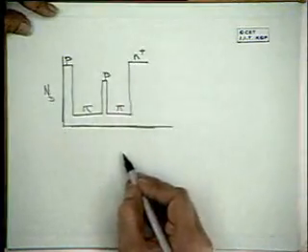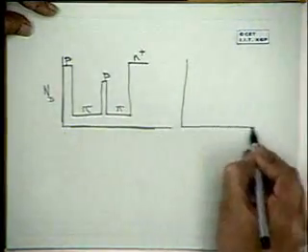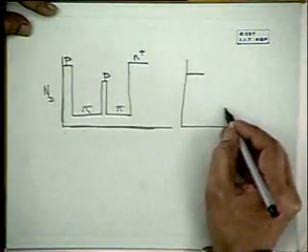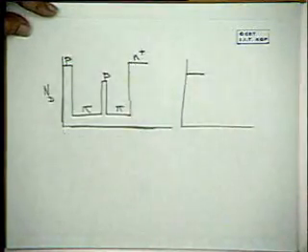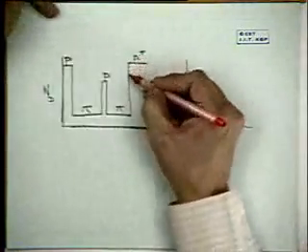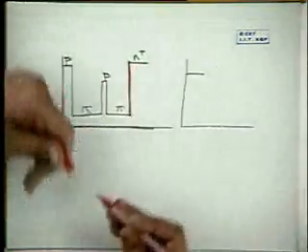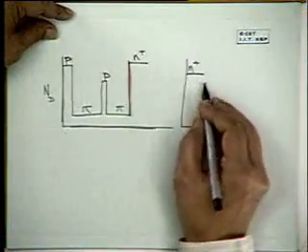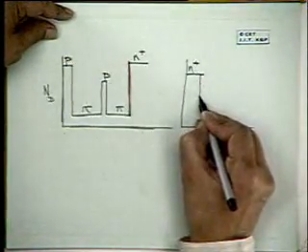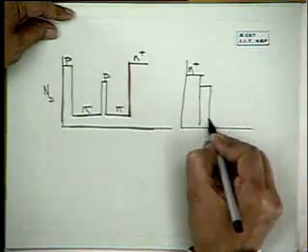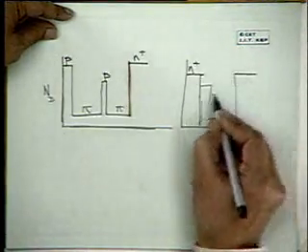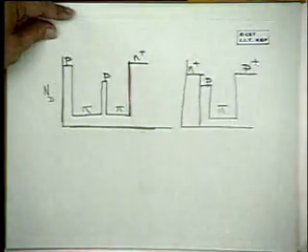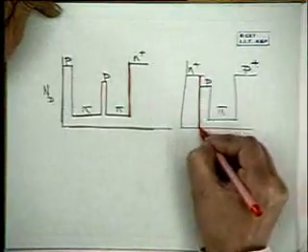Then one can have another structure. So where is the junction? The junction is here. One can have an N plus P pi P plus structure. So here the junction is here.